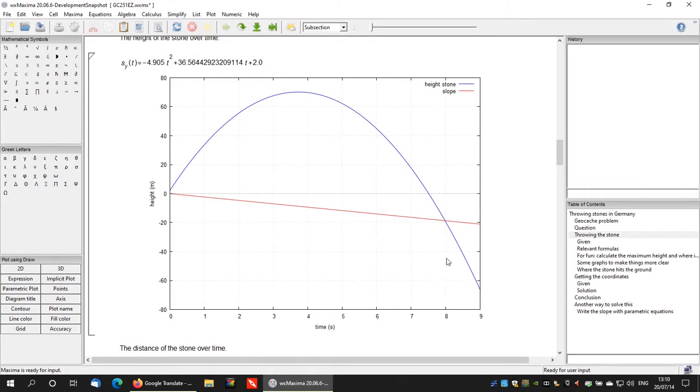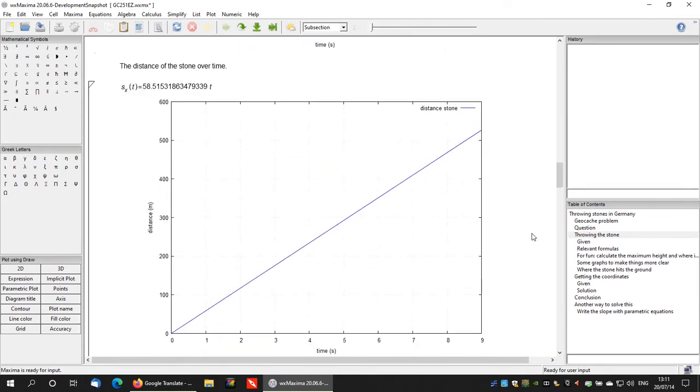The stone hits the ground at about 8 seconds, and that is at a height of somewhat like 18 meters below the starting point. You also see this 2 meter starting point of the thrown stone, so it doesn't start at 0, but it starts at a height of 2 meters and then hits the ground here.